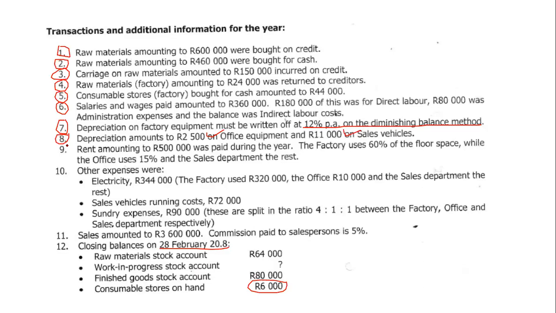What's next? Now we have our rent. 60% of the rent will go to factory overheads. How do we calculate that? You just say 500,000 times 60%. How much does it give you?